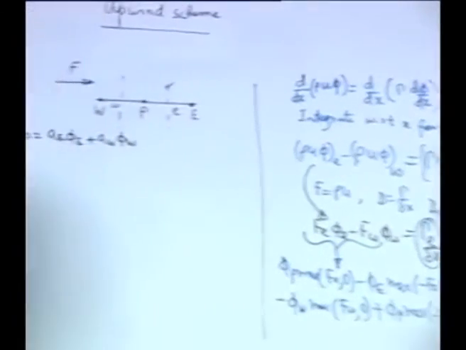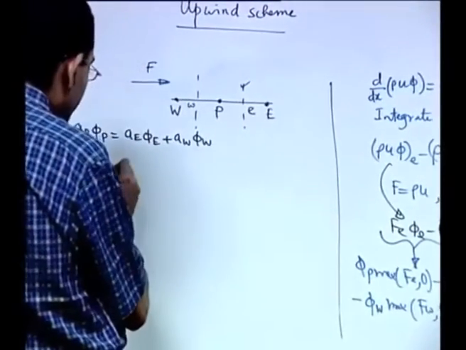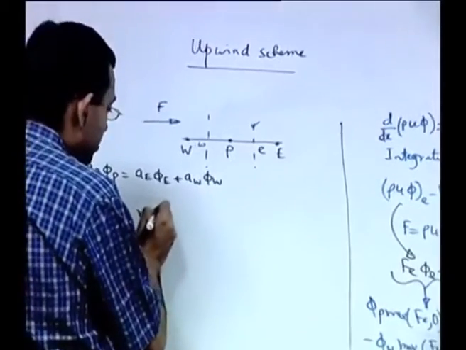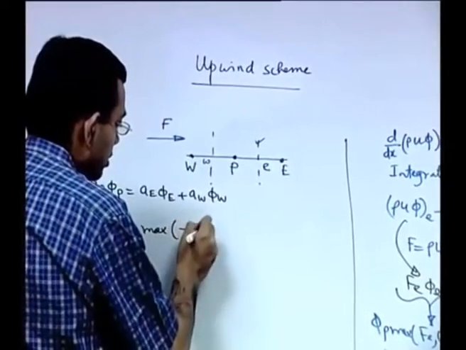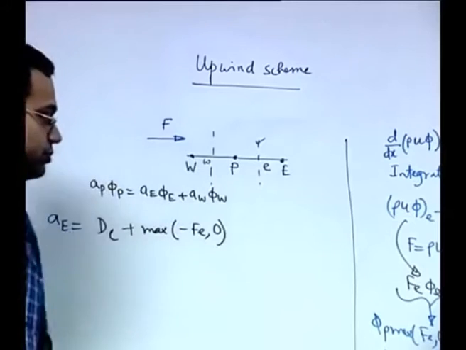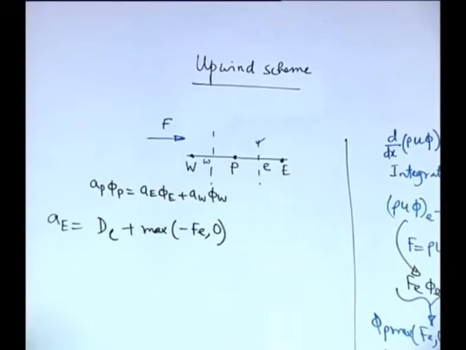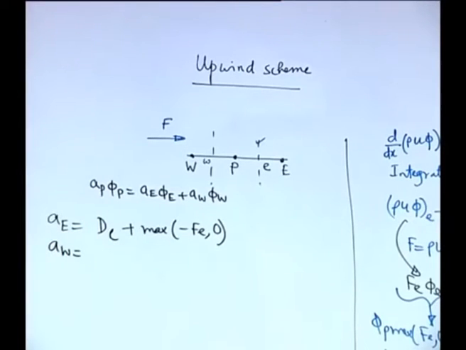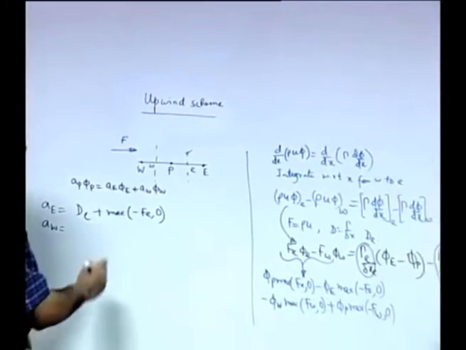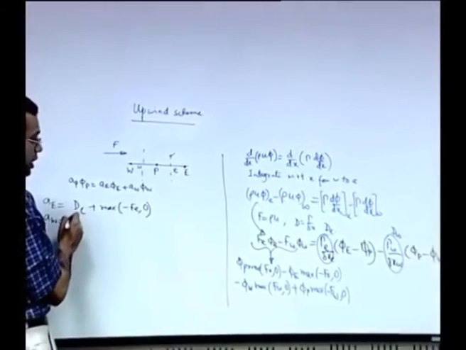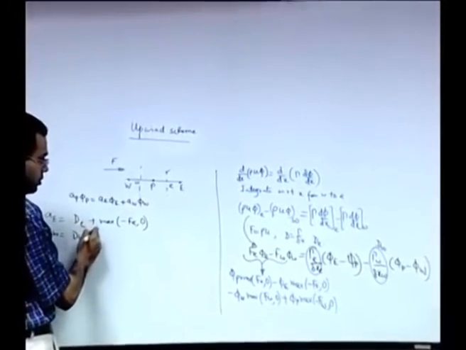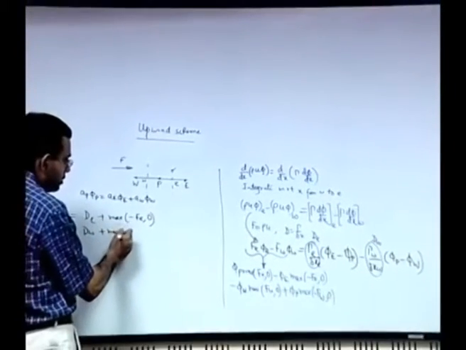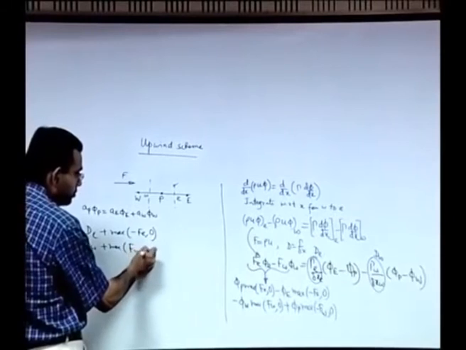So D_E plus max(minus F_e, 0). What is A_W? D_W plus max(F_w, 0).